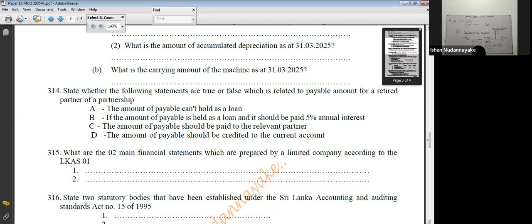That is false. We can hold the balance payable as a loan. First one is false.